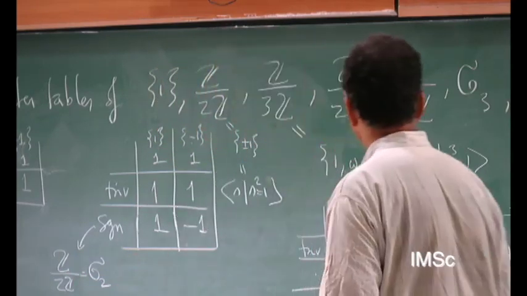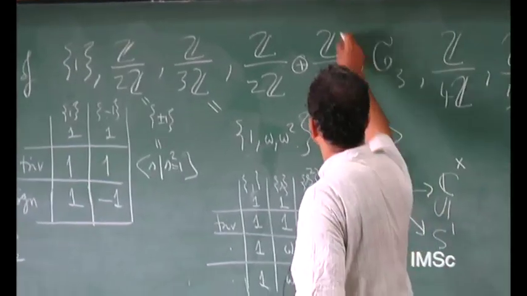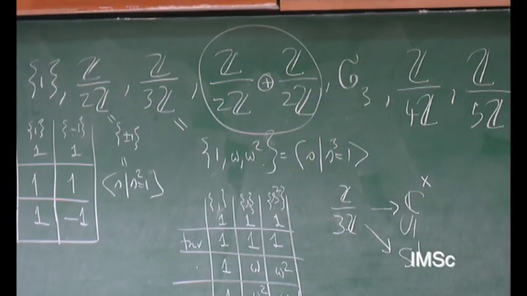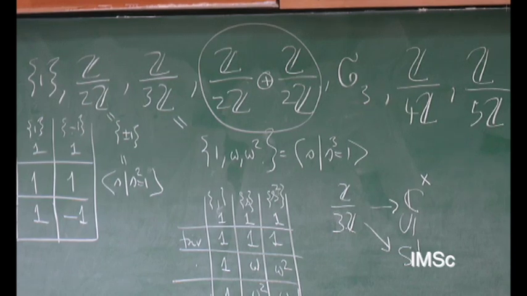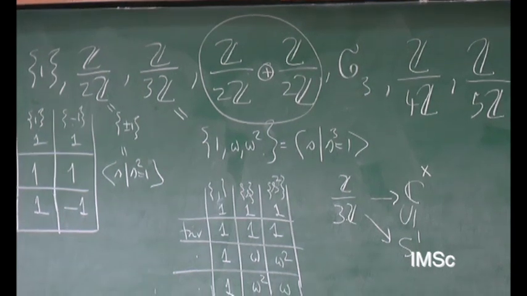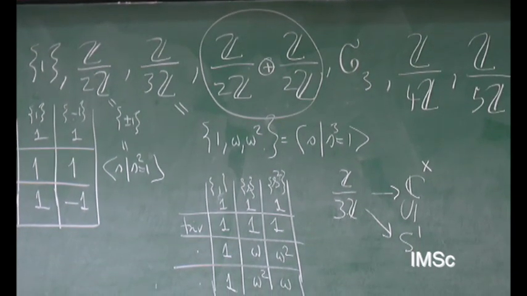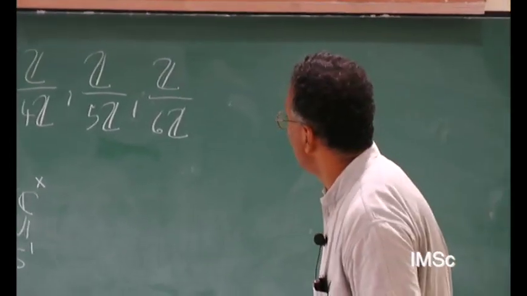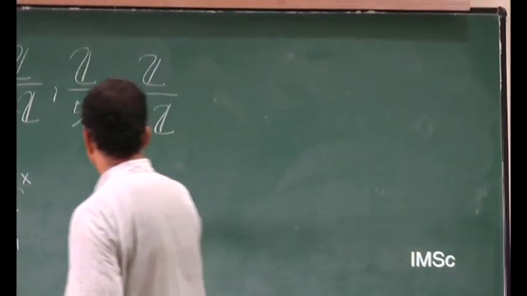Okay. Now, let's do this one. So, what is the size of the character table there? 4. Why? Because it's an abelian group. Simple as that. Now, maybe you can help me.